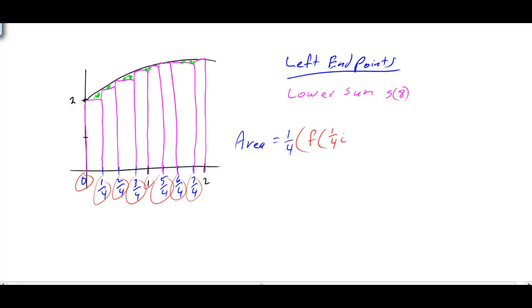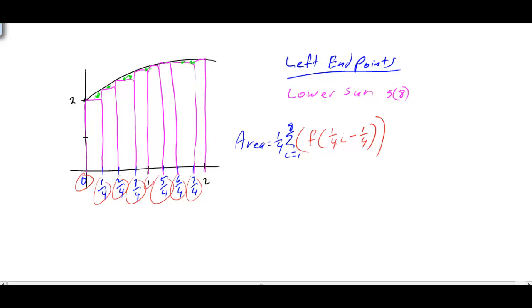Now we know that if we do this, forgot the summation here, we would have the sum of 1/4, i equals 1 to 8. We know that if we start with 1, that's going to give us the 1/4, but we don't want to start there. We want to start at 0. So just like we did before, to start at 0, we would need to subtract away the 1/4.